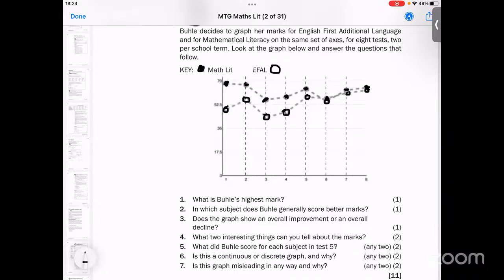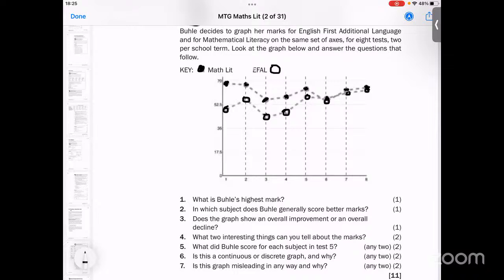Remember, you've got two subjects, Maths Lit and English First Additional Language. And it was clear that in one of those two, Boutle was generally scoring better marks. But the question now is, in that particular subject, does the graph show an overall improvement or an overall decline?